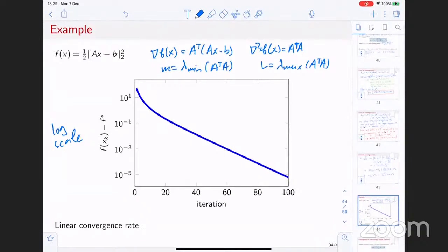But I have plotted here the function values versus the iterations. And what you see in the log scale is essentially a straight line, and this is indicative of a linear convergence rate.